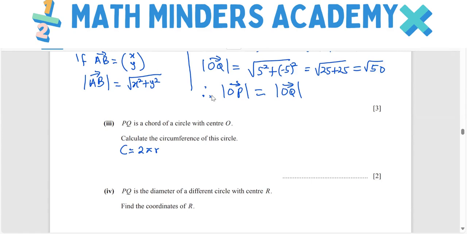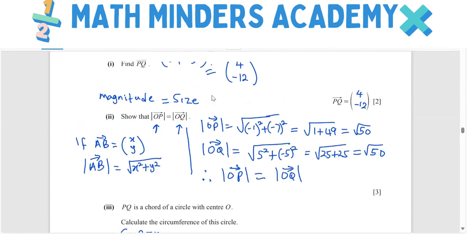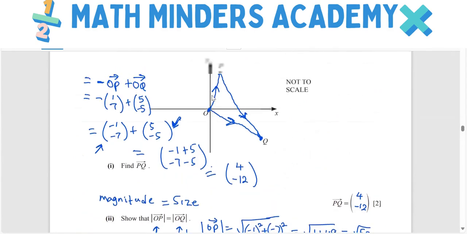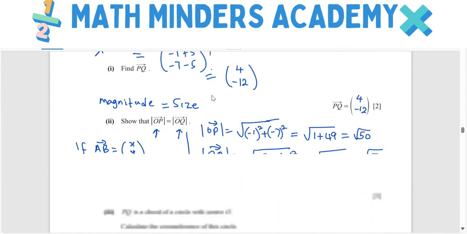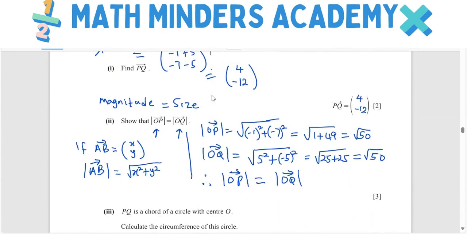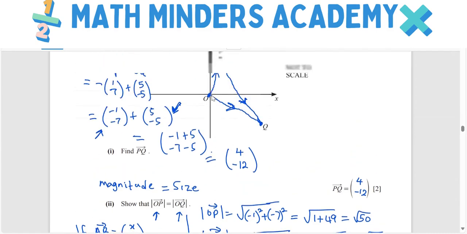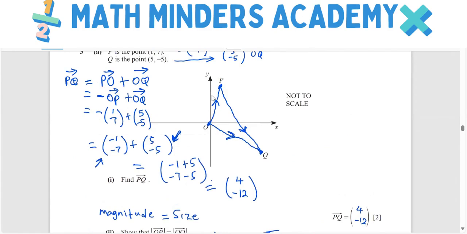If we go back to PQ, and look at what is mentioned here, we are told that PQ is a chord of a circle with center O. That means OP and OQ are the radii of that circle.